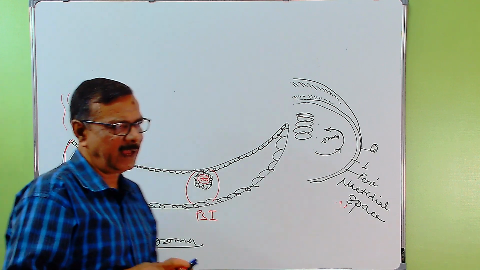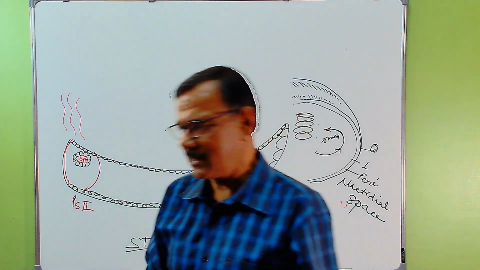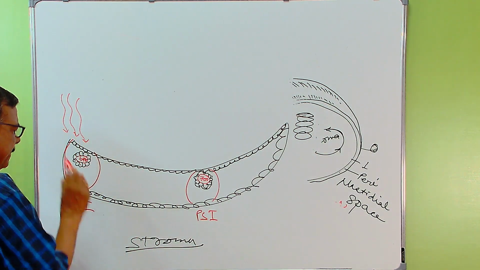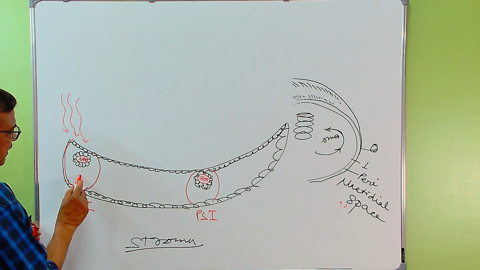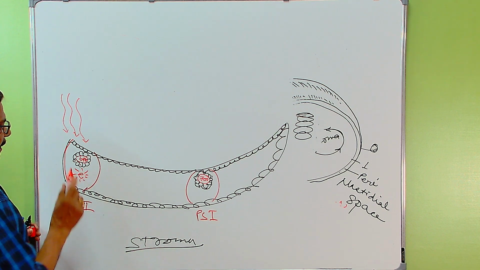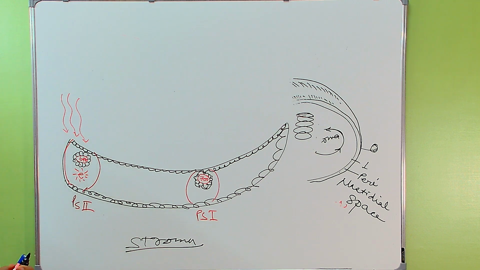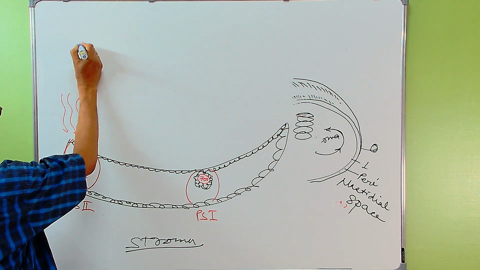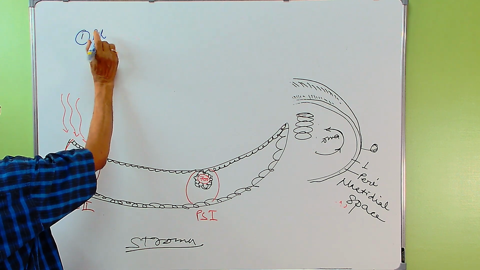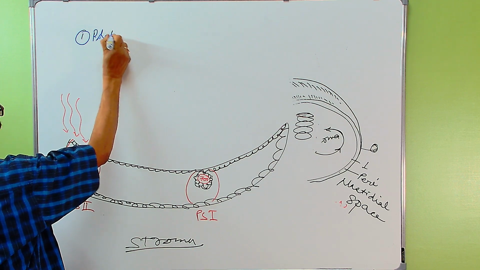Now, whenever light falls here, the main reaction starts here. Whenever a photon hits here, one electron is ejected and excited, because the electron gets excited with that quantum of energy. First phase, number 1, I am writing here: photoexcitation.